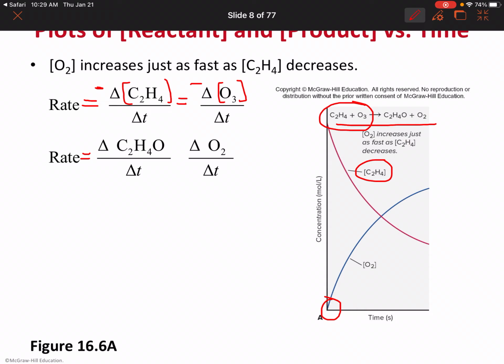So this blue line shows the oxygen concentration increasing. When you write the rate equation for the oxygen and the other product, C2H4O, it is going to be positive since we are making them: delta C2H4O over delta T, similar to the oxygen concentration over delta T. Remember, the reactants are going to be negative and the products are going to be positive.